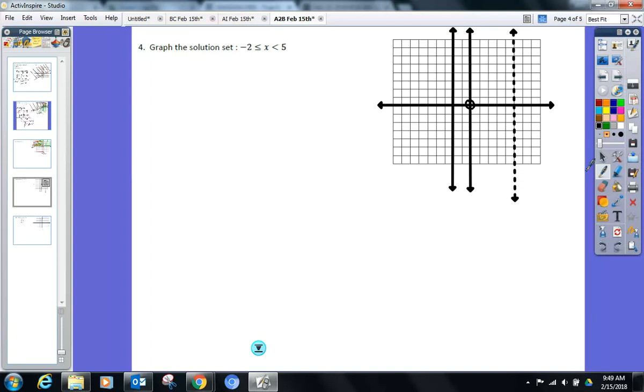Where's the shading? What do you think? In between. Well, where's the x? Right in the middle. It's in between. Even if you tested 0, 0, throw 0 in for x. Is 0 in between -2 and 5? Yeah. So it should be part of your solution. All right, so we're going to shade in between.